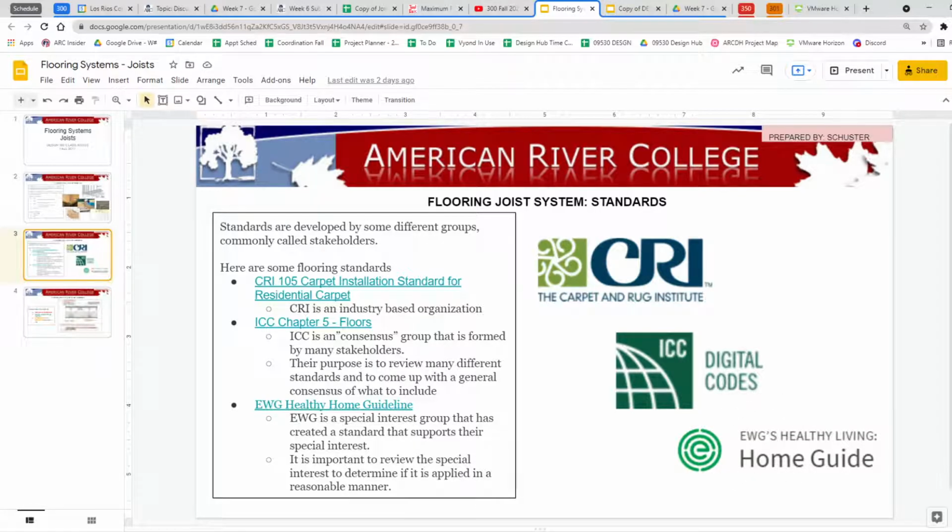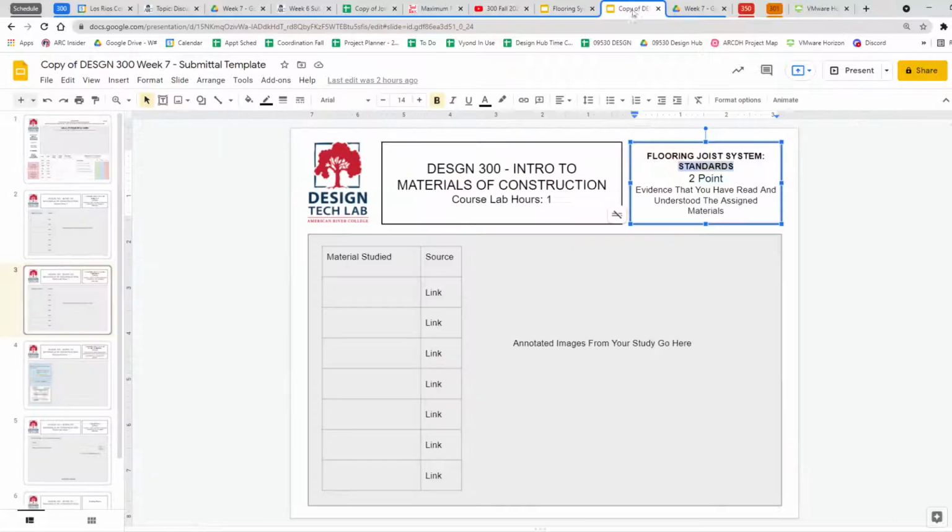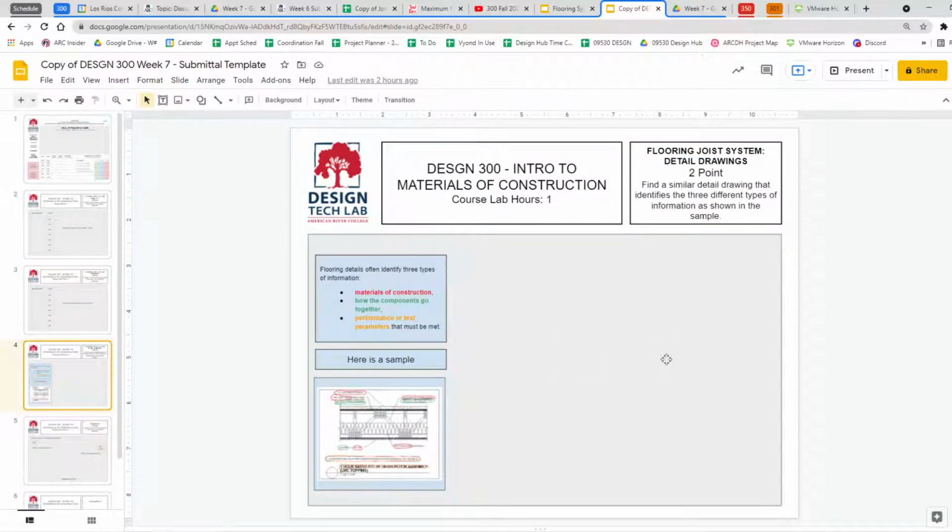We're talking about the different types of stakeholders, and you might go look at other more interesting or in-depth standards for flooring so that you've done more than just the minimum right here. This one is fairly straightforward. We have this cool image right here.